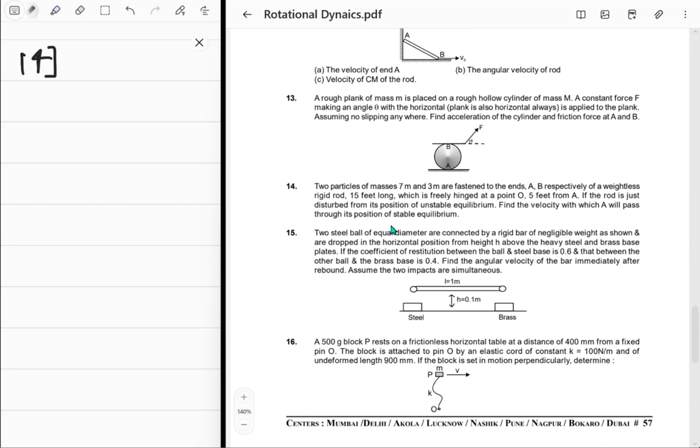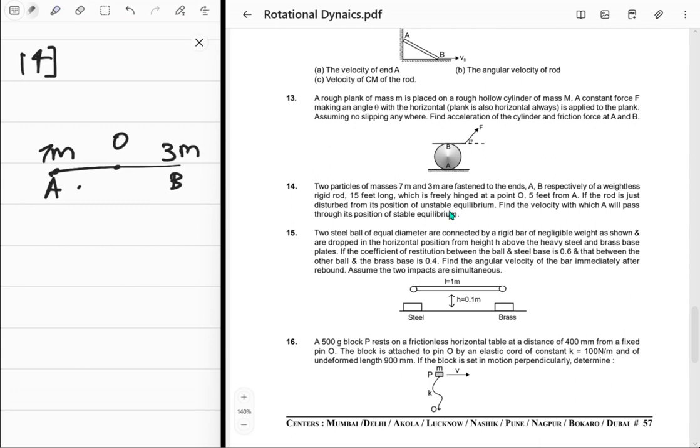Two particles of masses 7m and 3m are fastened to the ends A and B respectively of a weightless rigid rod, which is freely hinged at point O, 3 feet from A. So this is like 3 feet.